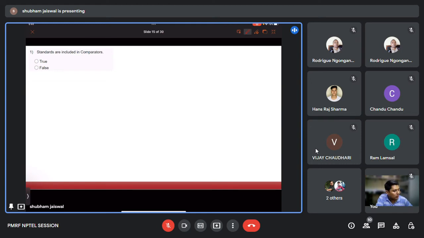Okay. So the correct answer is the false one. Why? Because in a comparator, we compare an unknown quantity with the standard. So the standard is not included in the comparator.